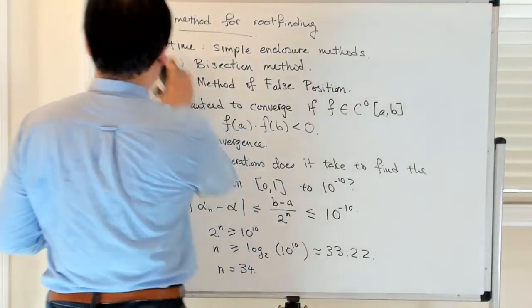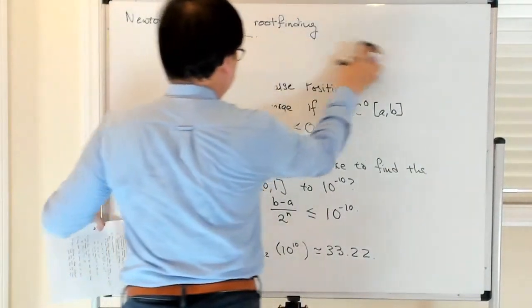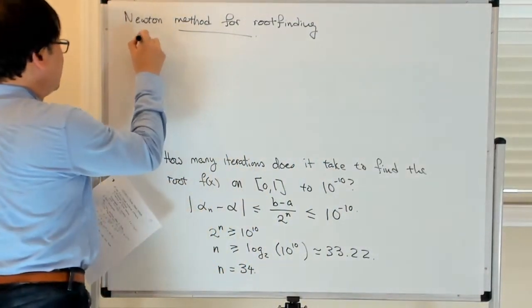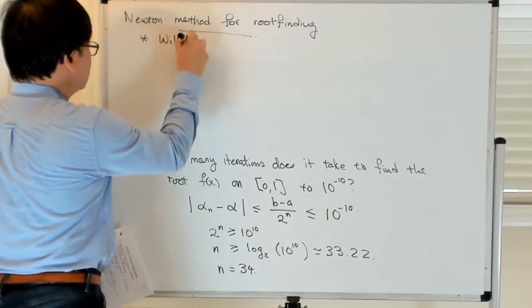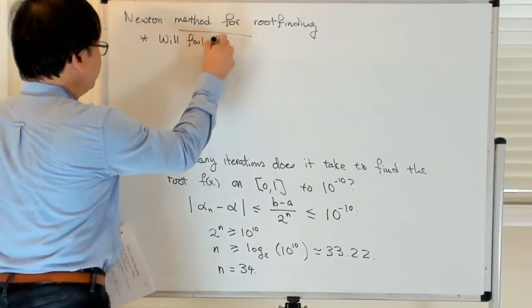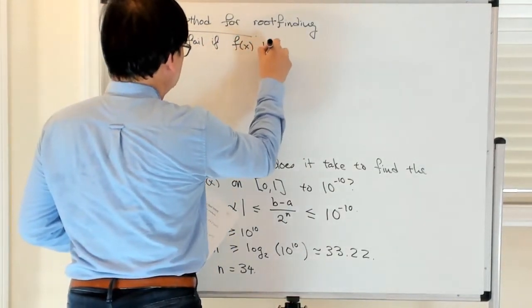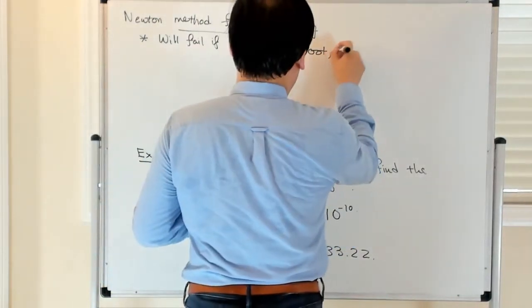What other things do we need to observe about the simple enclosure methods? The other thing is that they will fail if f of x has a root but doesn't change sign.